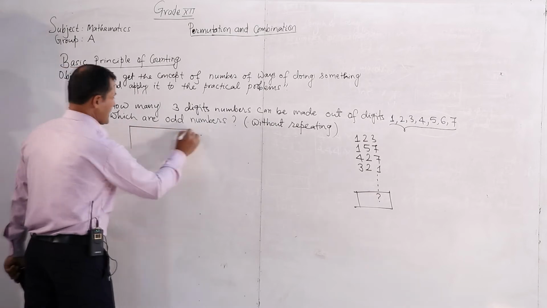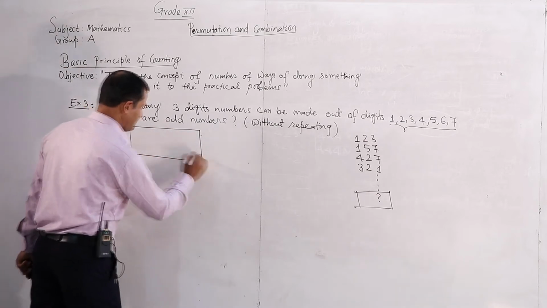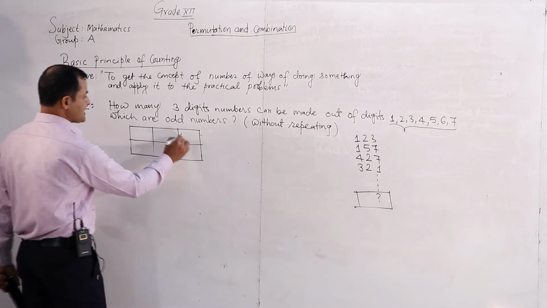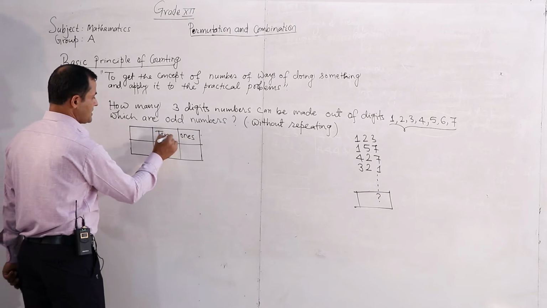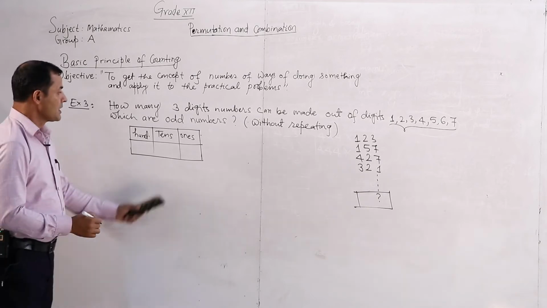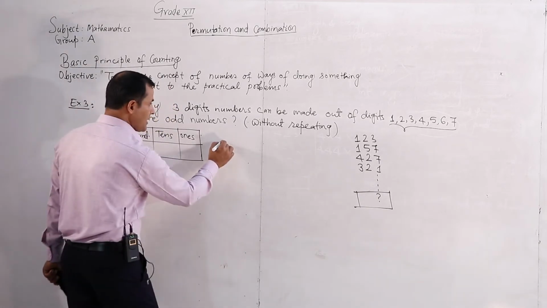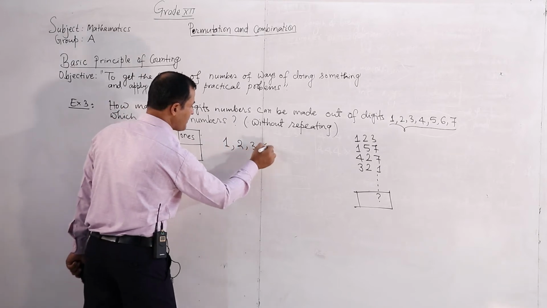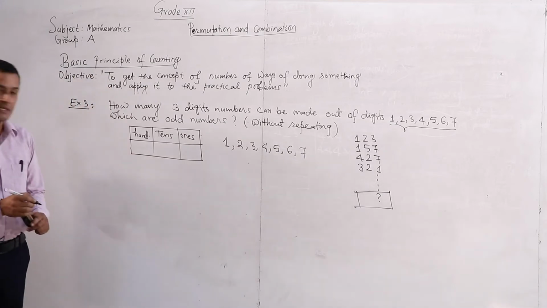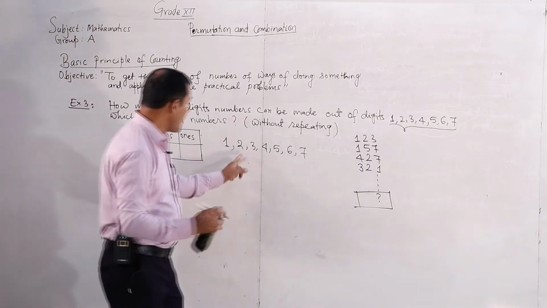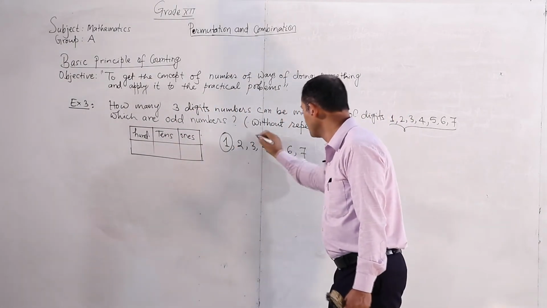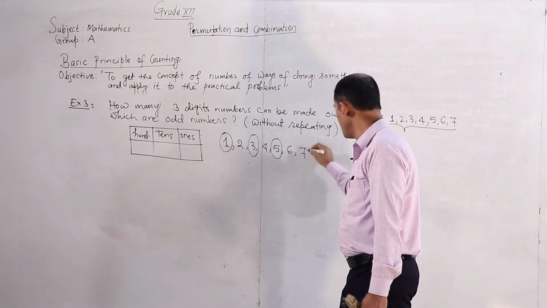So let's draw a table again. For 3 digits, we need a similar place value table: ones, tens, hundreds. For the ones place, we are given 1, 2, 3, 4, 5, 6 and 7. Out of these 7 digits, how many are odd? 1, 3, 5, 7.